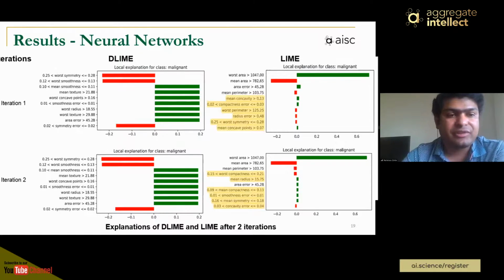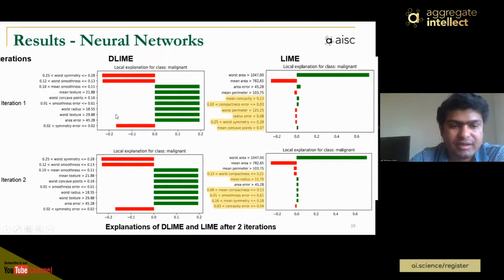In iteration 1, you can see LIME generated some attributes which are totally different. And in iteration 2, on the left side has the same attributes and same weights, but on the right side, we have different attributes and different weights. So here you can see the yellow highlighted attributes are different in both iterations.